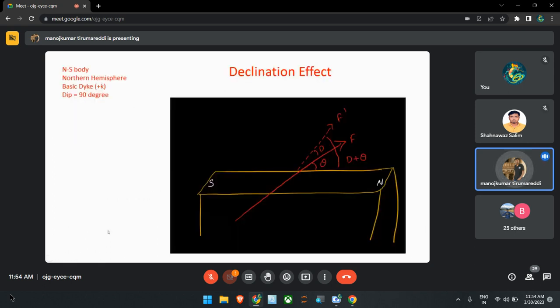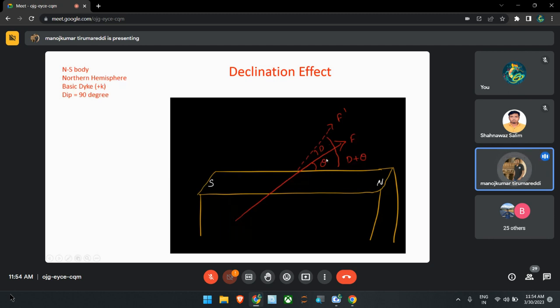TMA anomaly patterns strongly depend upon strike. That is, strike means the angle between the applied field and the body orientation. Let's assume that is theta, the field is F, and the body orientation is angle theta. For east-west bodies, it is perpendicular. For north-south bodies, it is parallel. So we are calculating anomalies like that.